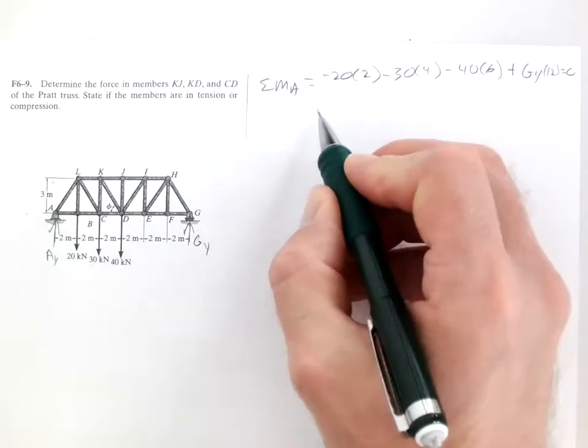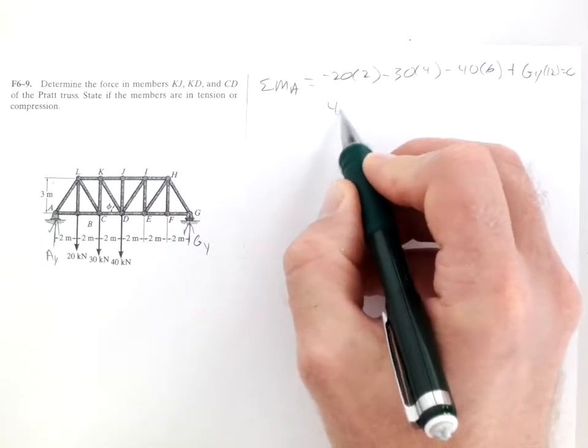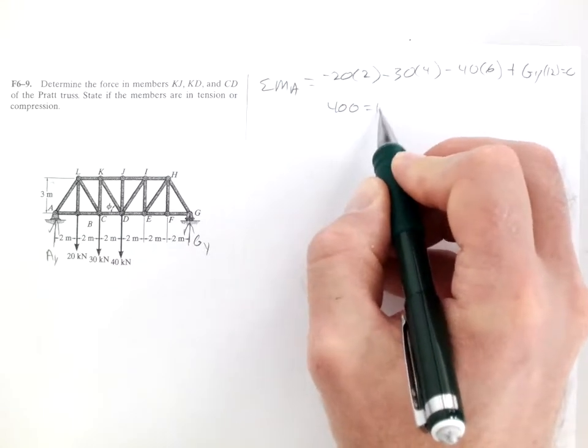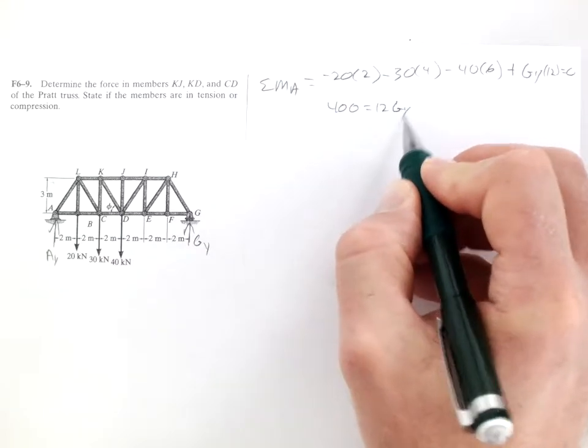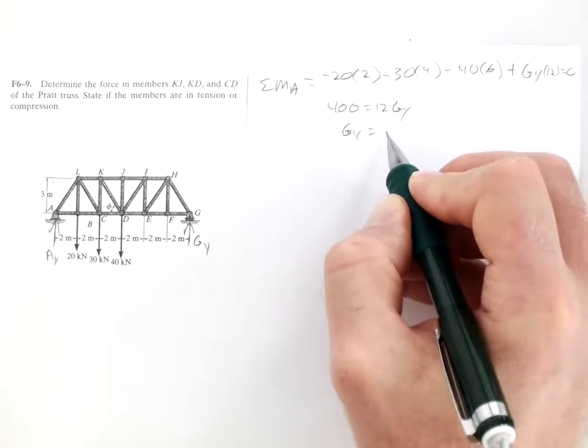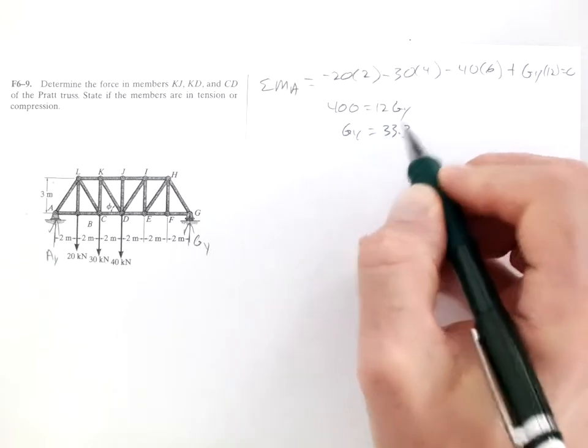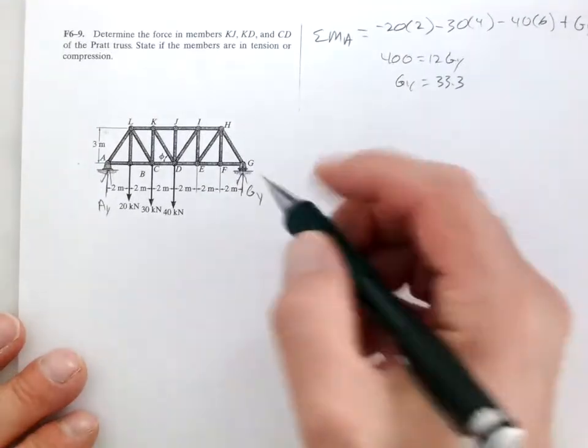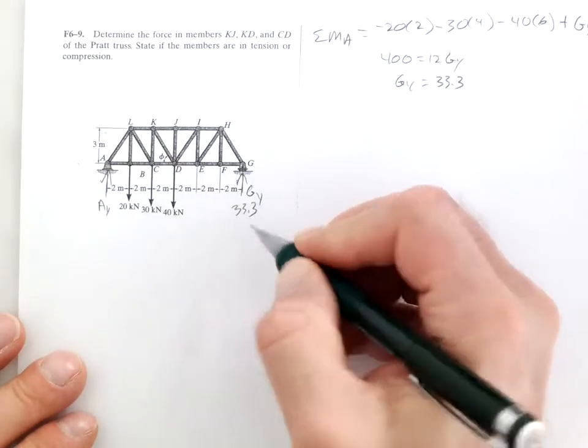Solving that, I get 400 equals 12 Gy, and Gy equals 33.3. So that's 33.3 right there.